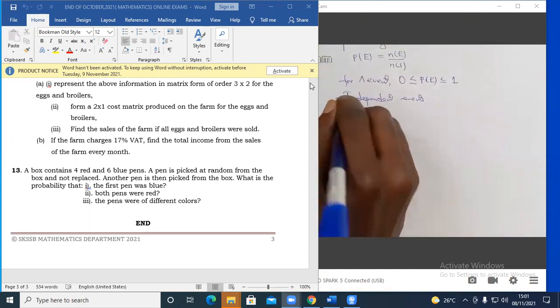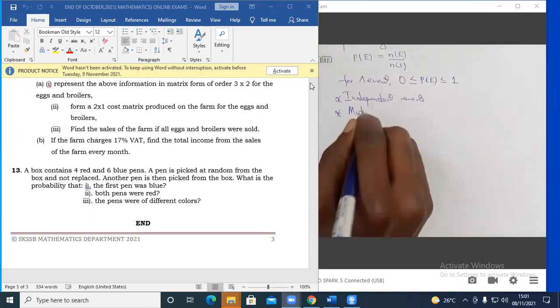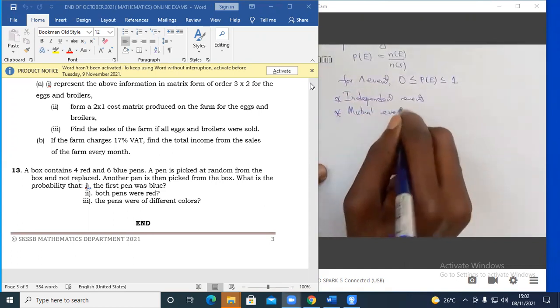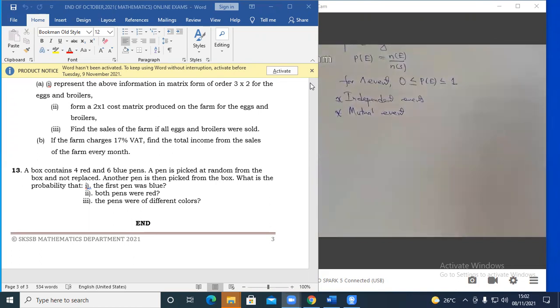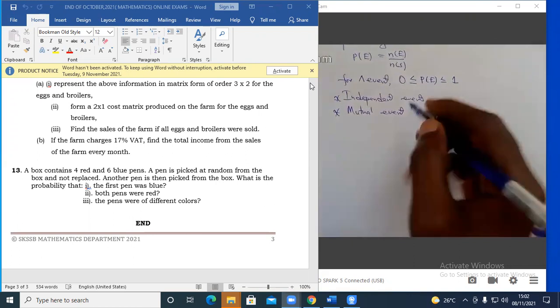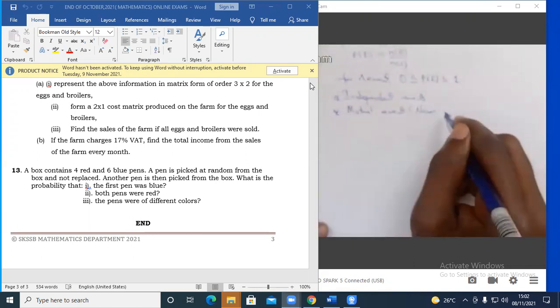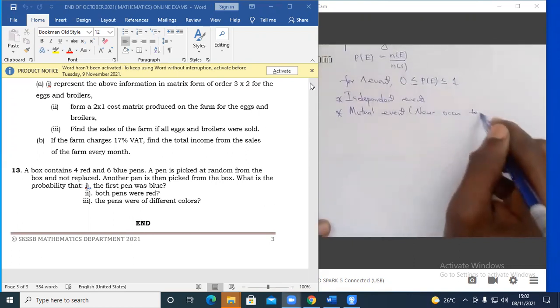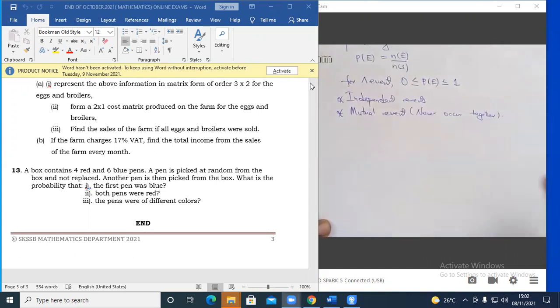Then we also talk about what we call mutual events. These are events which will never occur together. I remember when we were discussing, someone gave us a very good example: being alive and dead.